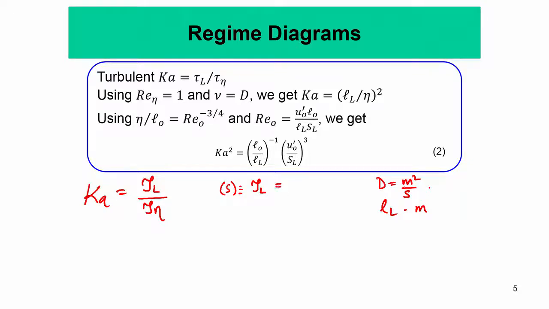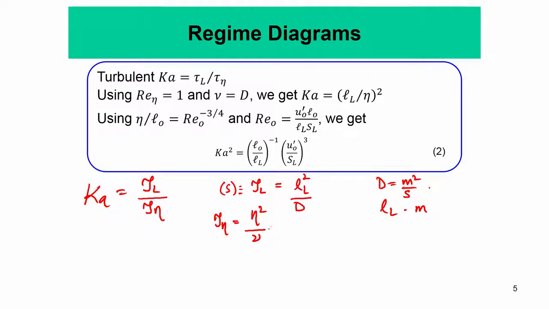So, I can write this tau L as LL square by d. This is meter square, this is meter square per second. So, tau L has units of seconds. Similarly, I can write tau eta as eta square by nu.